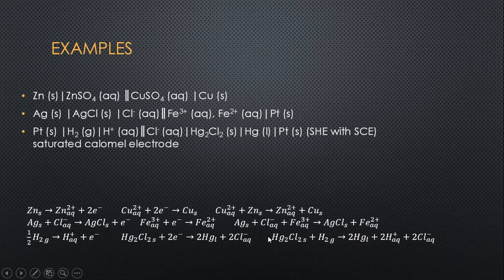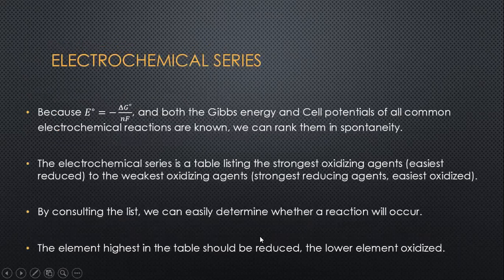And so the last little thing is the electrochemical series. Because E standard is equal to delta G standard over negative nF, and because Gibbs energy and cell potentials of all common electrochemical cells are known, we can rank them in order of spontaneity.